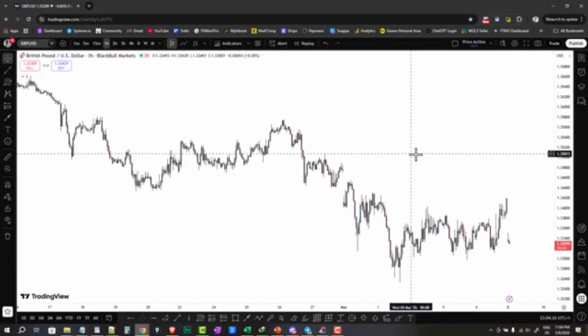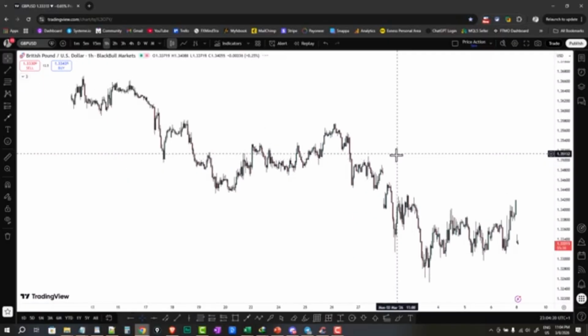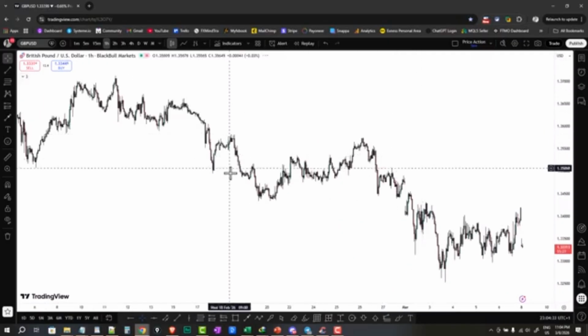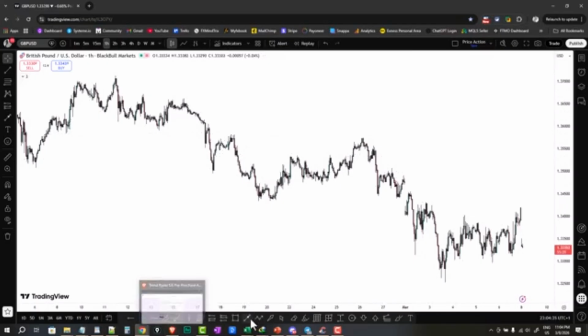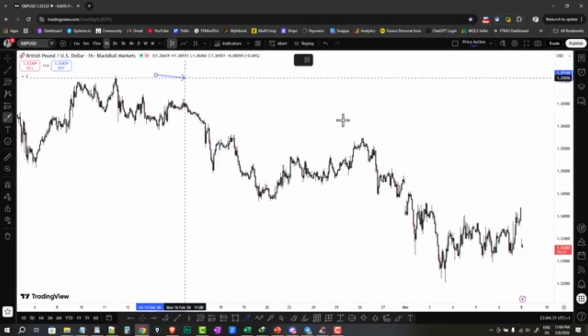This is the chart of the GBP/USD currency pair, and if I zoom out a little bit, you'll notice that this pair has been going down for quite a bit of time now.